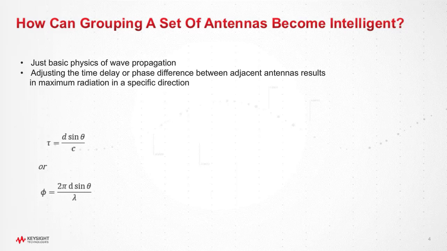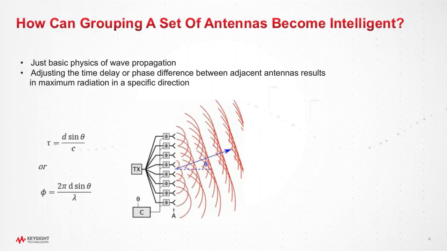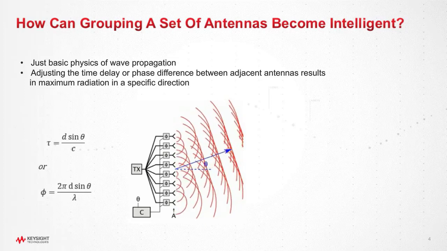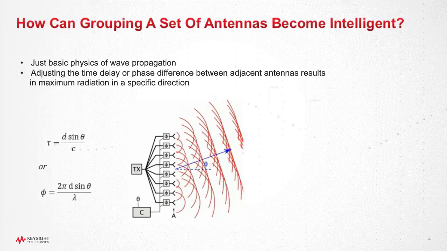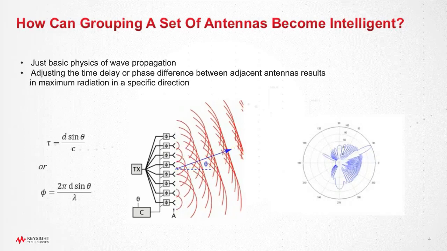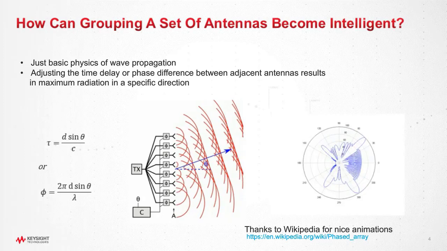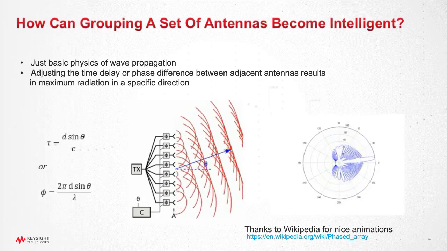In either of these equations, if we produce a time delay progression or a phase progression at the antenna elements, we can direct the energy to radiate in a specific direction as shown here. Now, if we want to change this direction, theta, we can change the phi or the tau, and we can steer the beam by simply changing the tau or the phi. These animations are from Wikipedia, and thanks to Wikipedia for these animations on their web page.